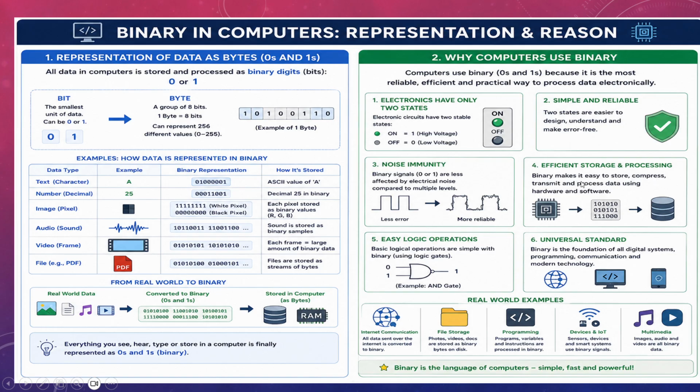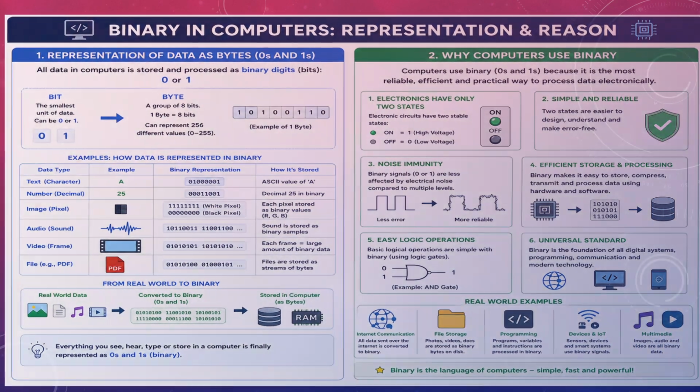For efficient storage and processing, binary makes it easy to store, compress, transmit and process data using hardware and software. Logical operators like not, and, or are simple with binary, so basic logical operations become simple. Universal standard: binary is the foundation for all digital systems, programming and computers.